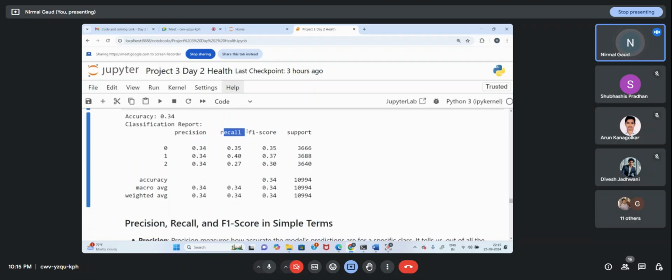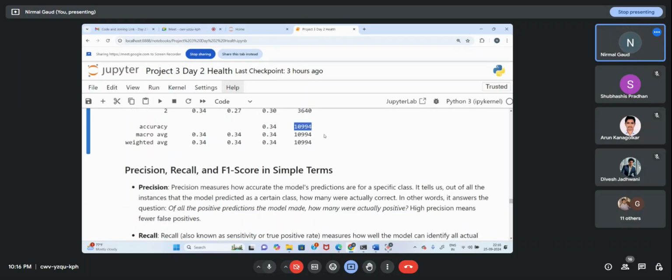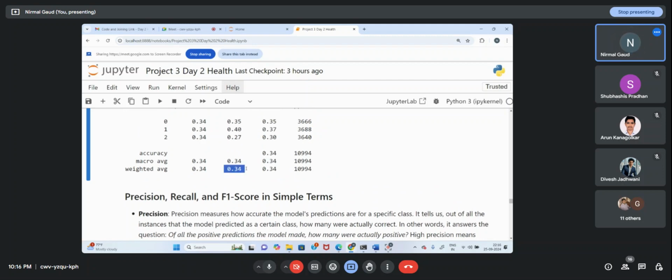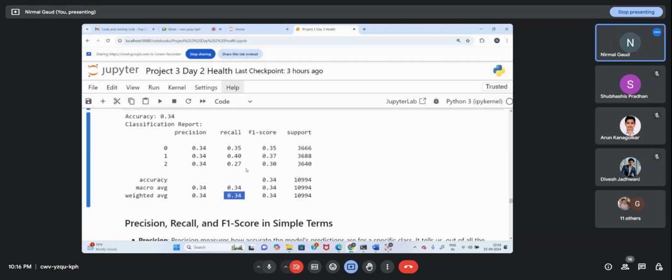Similarly, for the recall also you can do 0.35 into this, 0.40 into this, 0.27 into this, divided by this thing, you will get the weighted average here, and so on. F1 स्कोर के साथ भी ऐसे ही करना है. Okay, with F1 score also you have to do the same thing.